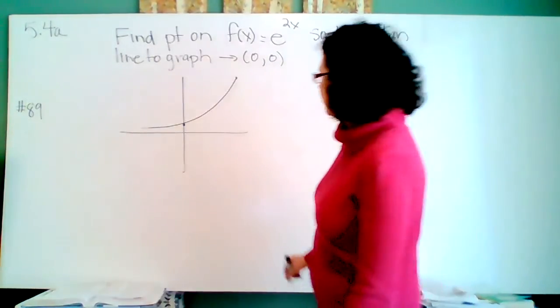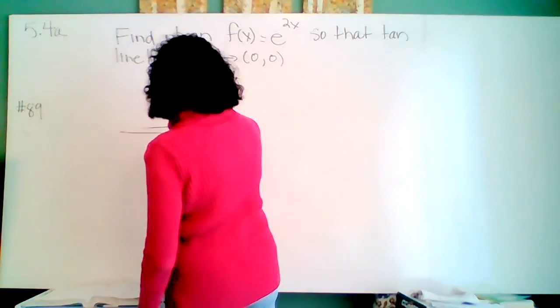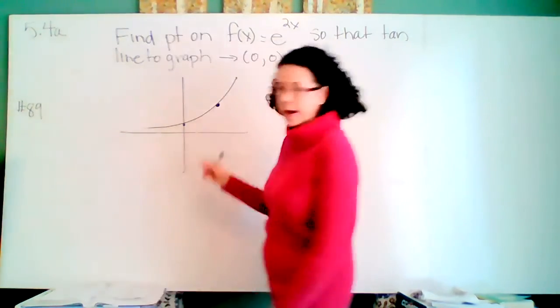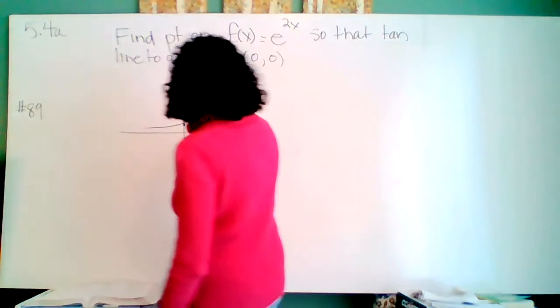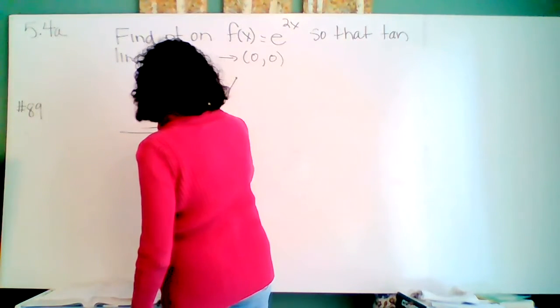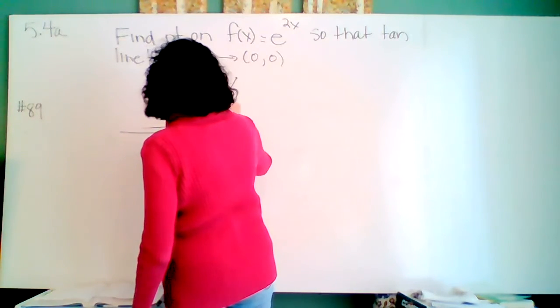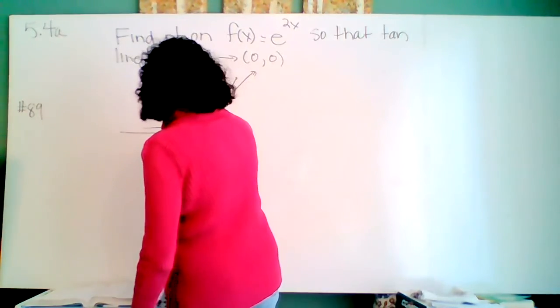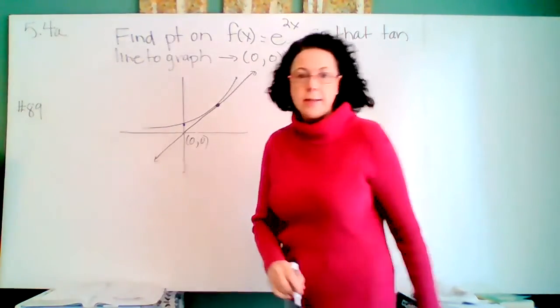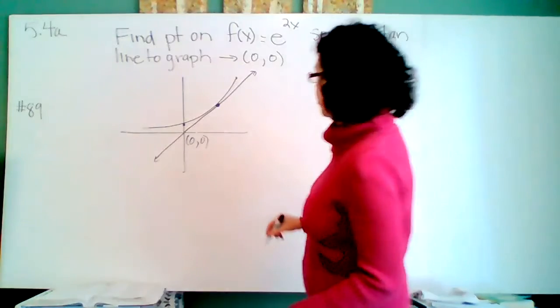And what they're asking for is a point on the graph of e to the 2x such that if I drew a tangent line, like I just did, it would go through the origin.